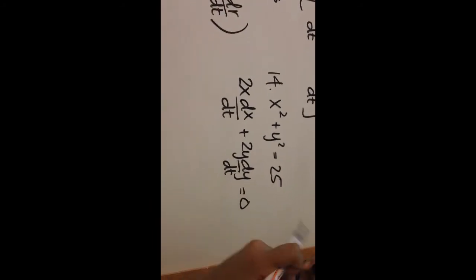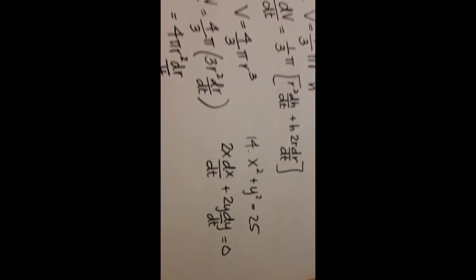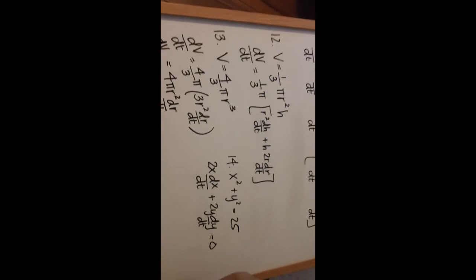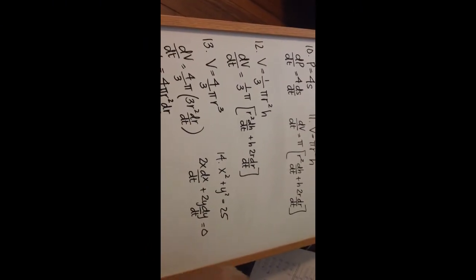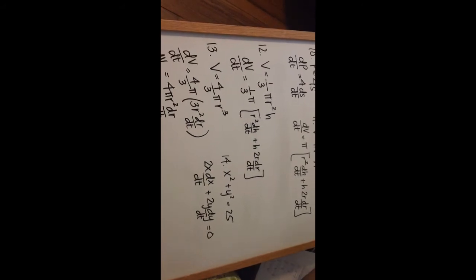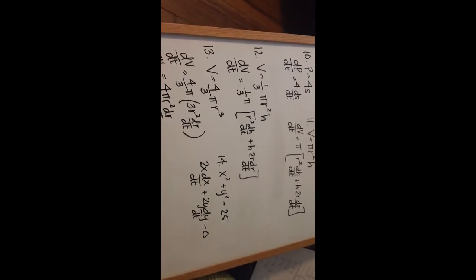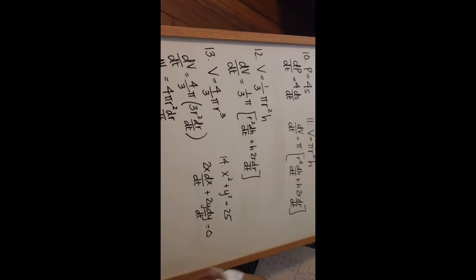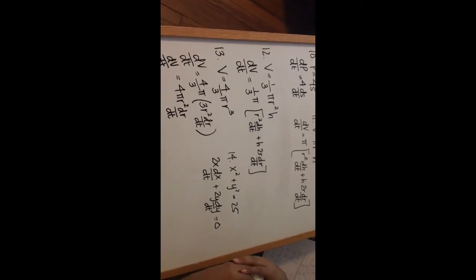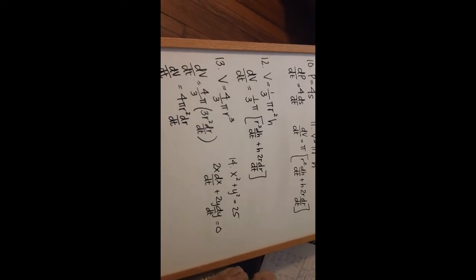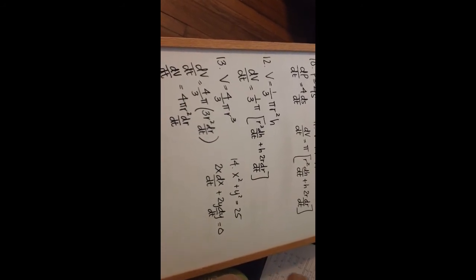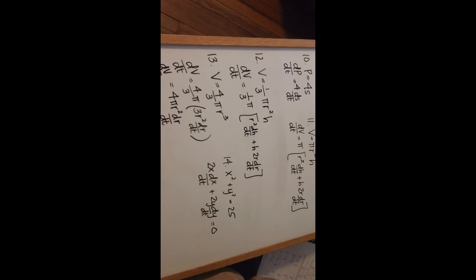So in essence, an introduction to related rates is just taking the derivatives and adding dr over dt or dx over dt, depending on what variable you're taking the derivative of, always with respect to time. So that's the first page. We're going to move on to the second part, which is still a continuation of related rates.